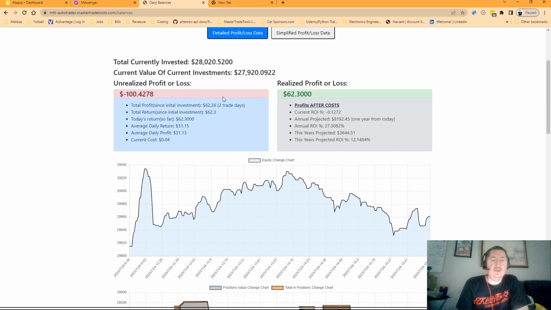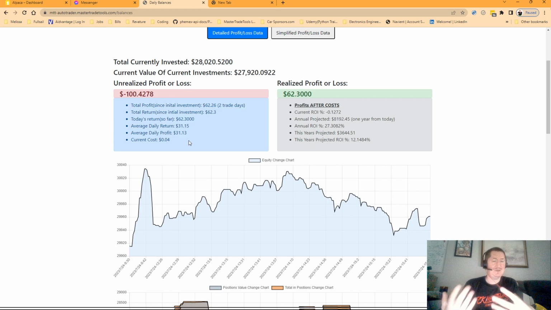It will also tell you how many days the application has been running or trading for you. There is a difference between return and profit. Profit is, as I explained, the realized profit minus any current costs, which there are costs for trading on Alpaca, but it's very minute.